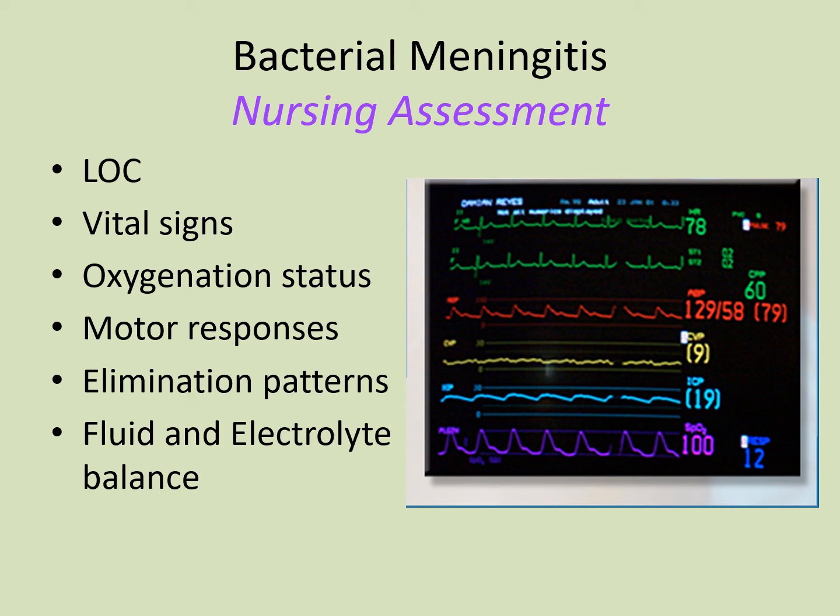We do that by taking the mean arterial pressure, the MAP, 79, and subtracting the intracranial pressure, and that in our case is 19. So 79 subtracting 19 would give us 60 as the cerebral perfusion pressure, and that is indeed what we see on the monitor in green right above the MAP.